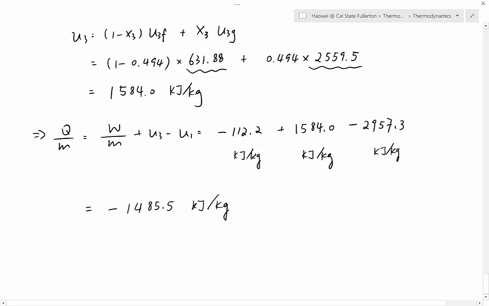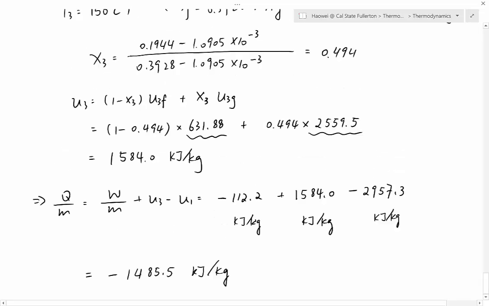And now you have a negative solution for heat transfer. What does that tell you? For heat transfer, if the solution is negative, that means your system loses heat. If your solution is positive, that means your system gains heat. Does it make sense for us to have a negative solution?